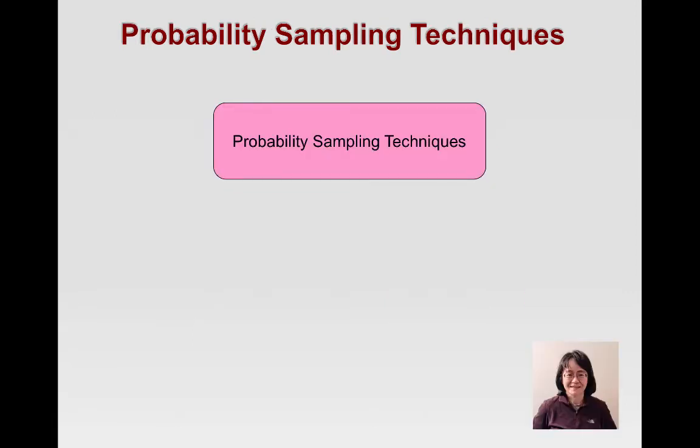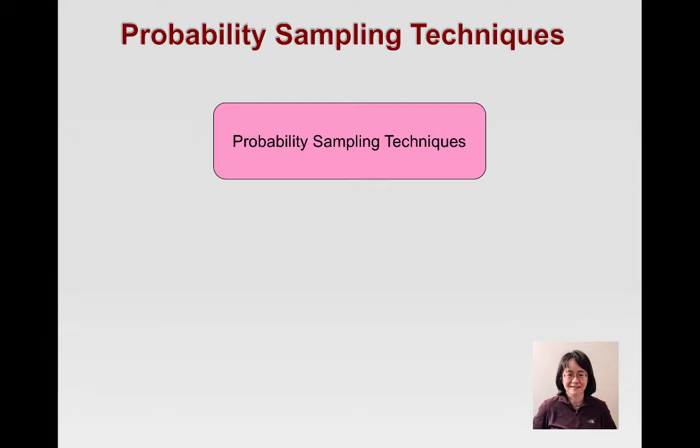In probability sampling techniques, sampling units are selected by chance. Each sampling unit has a non-zero chance of being selected, and the researcher can pre-specify every potential sample of a given size that could be drawn from the population. The researcher can pre-specify the probability of selecting each sample.